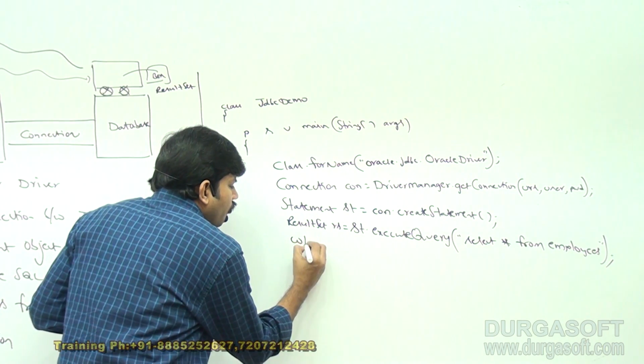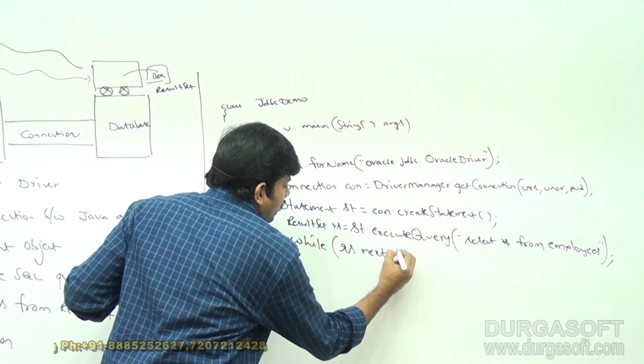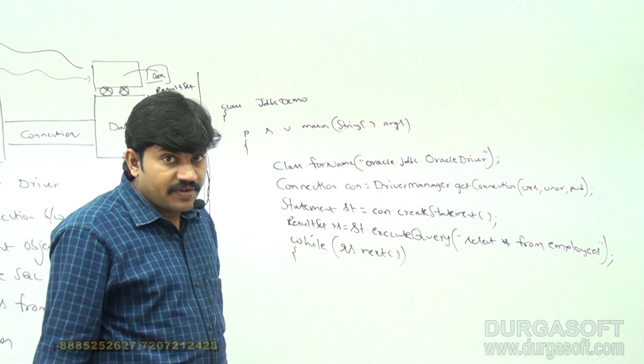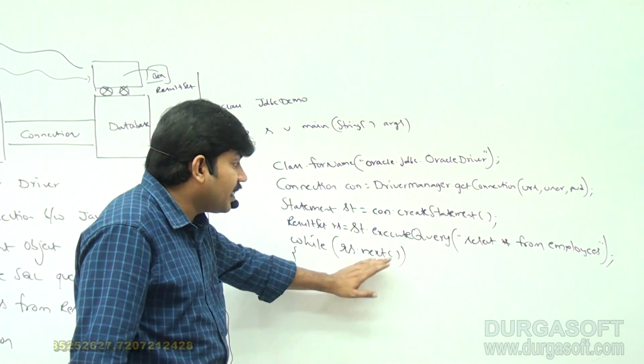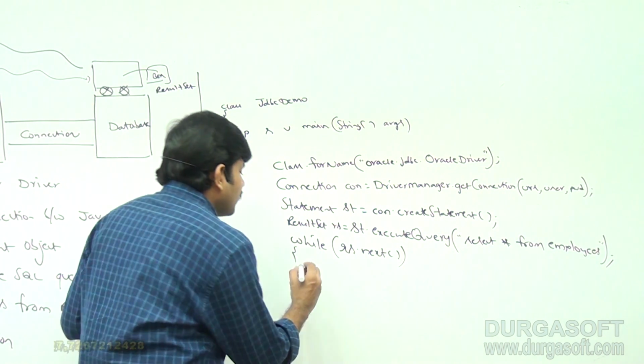Next, while rs.next, observe. Sir, if the next record is available, can you please provide the data, process the data from the result set, that's all.